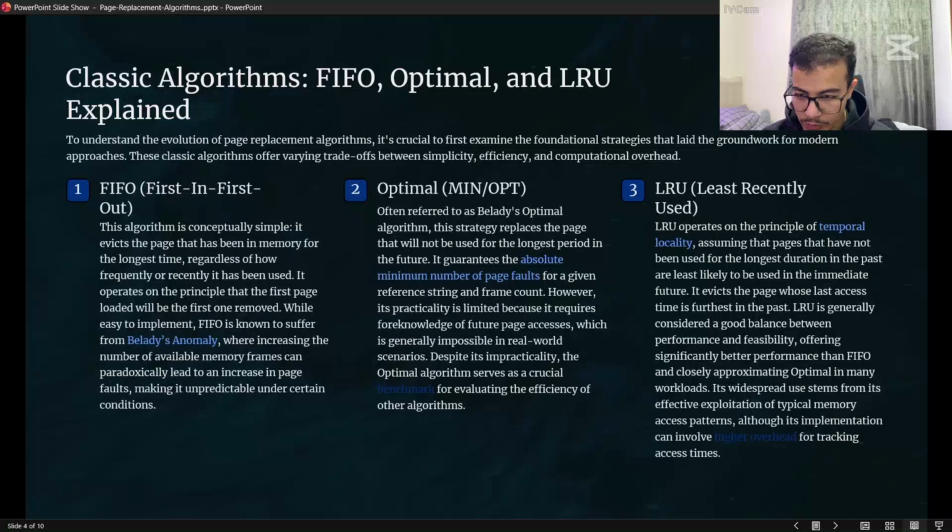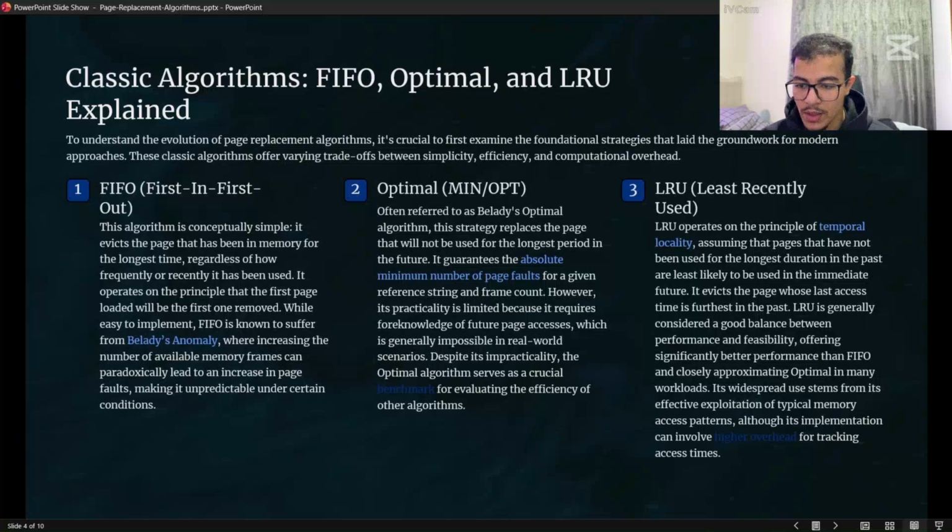Optimal, often referred to as Belady's optimal algorithm. This strategy replaces the page that will not be used for the longest period in the future. It guarantees the absolute minimum number of page faults for a given reference string and frame count.